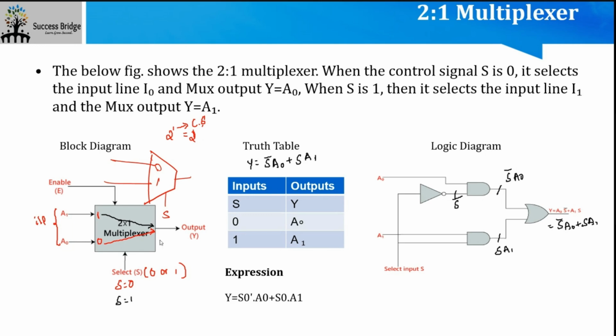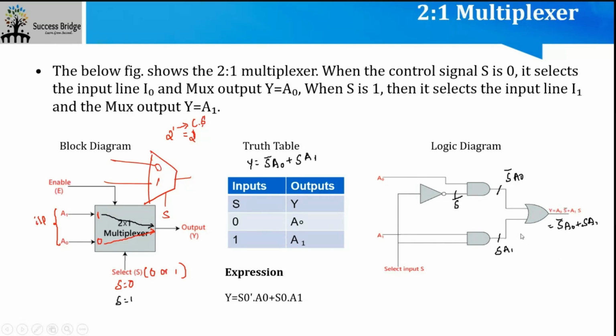The operation I have already explained. Now look at the logic diagram. We have two AND gates and one OR gate, and there is a NOT gate for the select line.